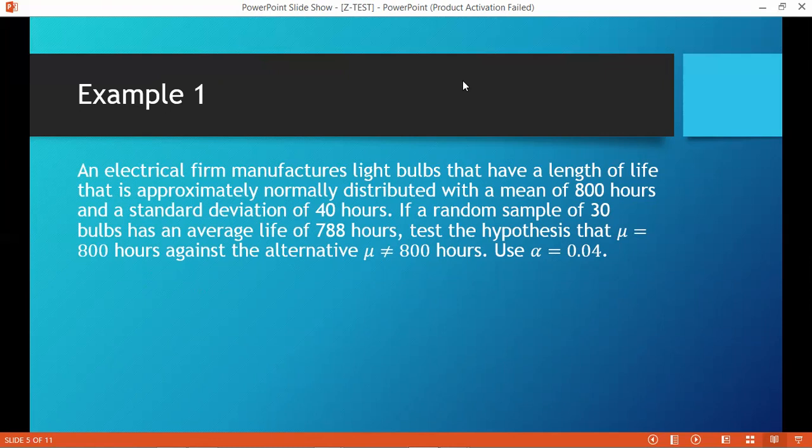So let's highlight the important numbers in here. Let's identify the given. We have the following given. Our mu is equal to 800. Our x bar is equal to 788. Let's add the unit, hours.